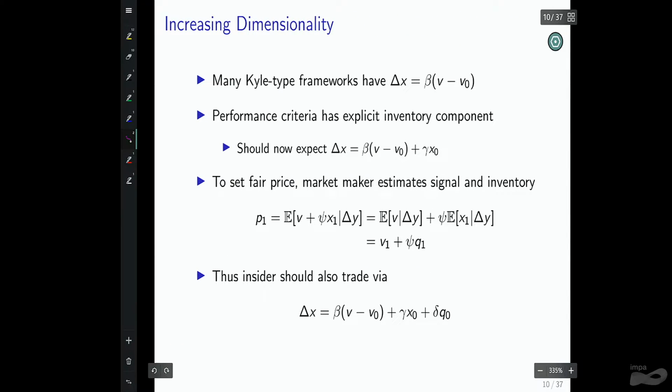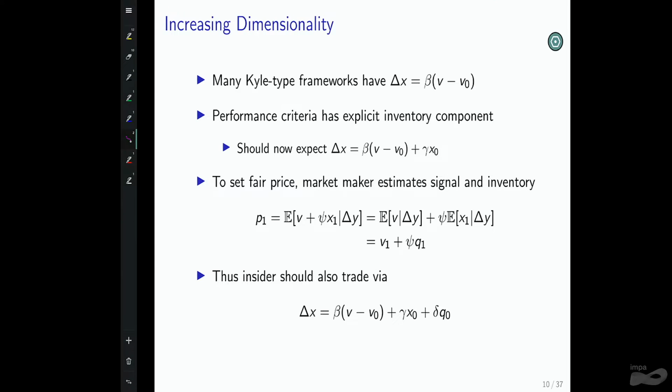Okay. So on this slide, I'm explaining why the market maker has to try and estimate the inventory level of the insider. In the standard Kyle model and in many different generalizations of the Kyle model, the optimal trade size is going to be linear in the mispricing, the difference between the signal and the expected signal.